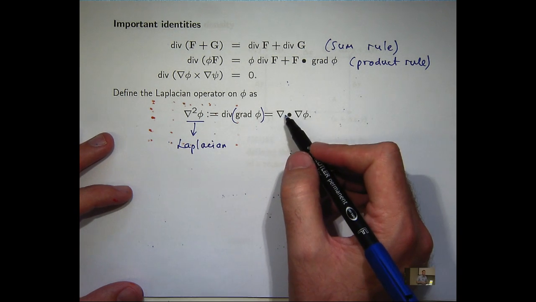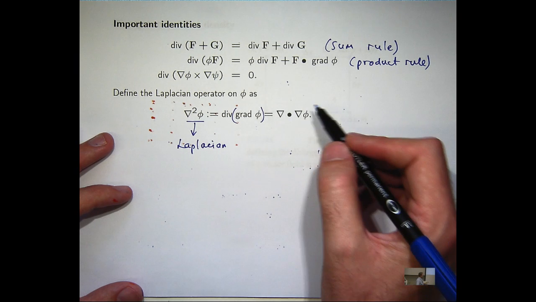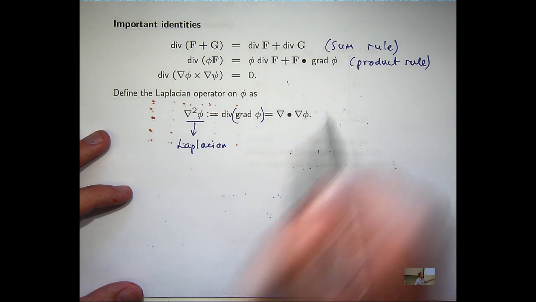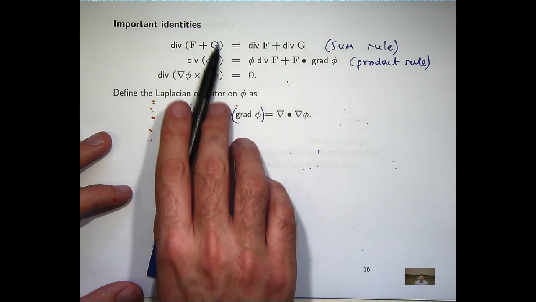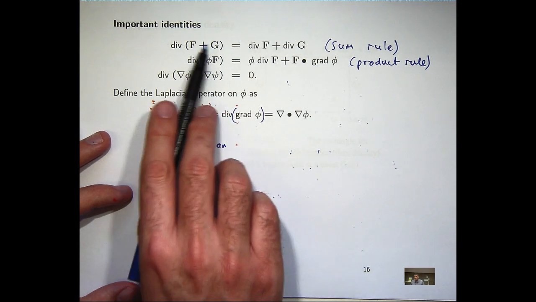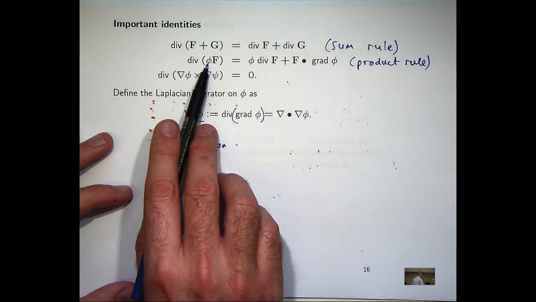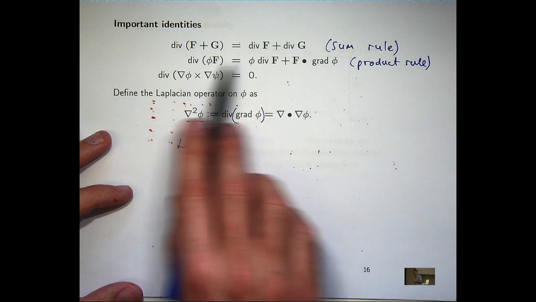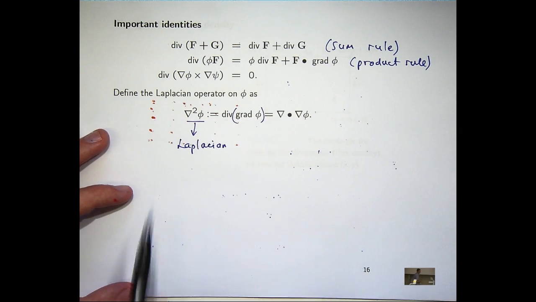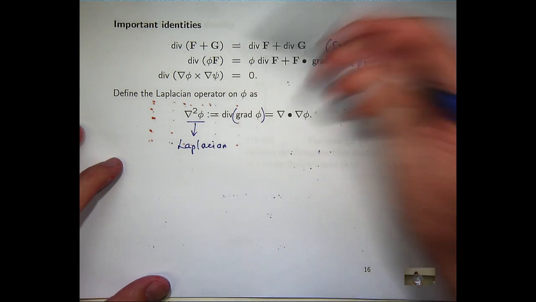Writing it in terms of the del operator, it's del dotted with grad phi. Now, it's easy to prove these. All you do is start with the left-hand side, write out the components of your vector field or your function, and then try to come up with the right-hand side. I'm not going to prove them, but I encourage you to try to prove these identities.